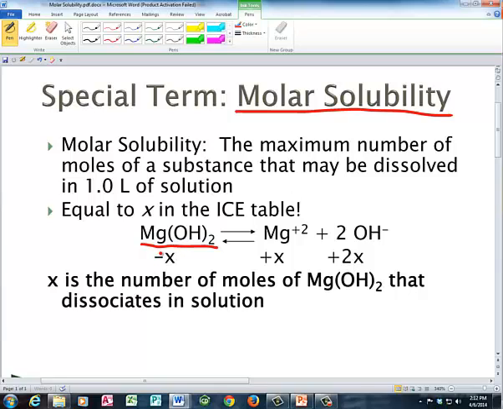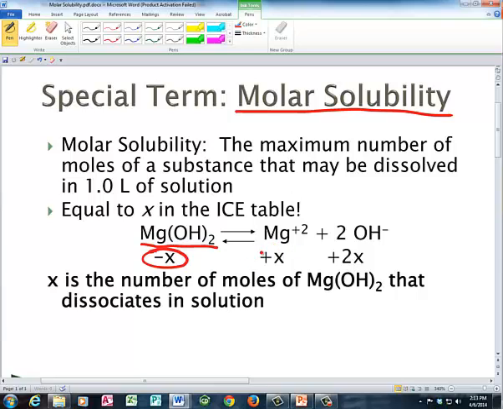However many moles, the value of X in the ICE table, dissociate into its products, magnesium ion and hydroxide ion, that's its molar solubility. Its molar solubility is always equal to X.